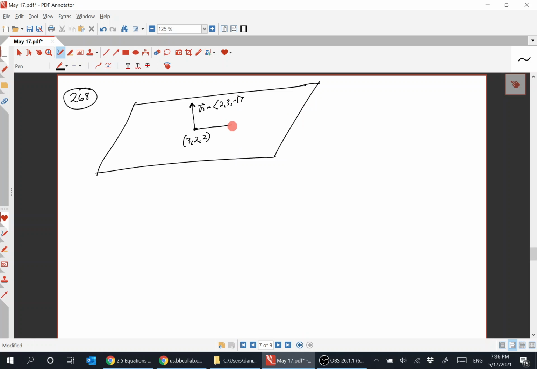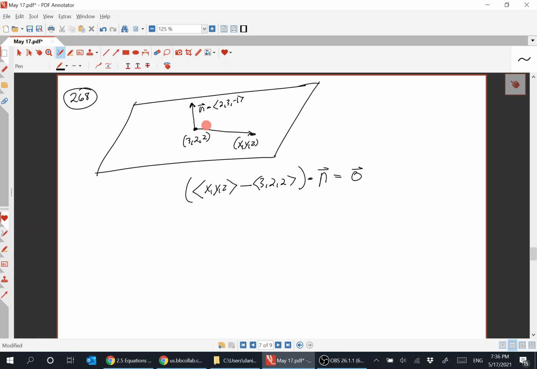So now, any other point x, y, z on the plane, this vector x, y, z minus 3, 2, 2, dot n is going to be equal to 0, always.